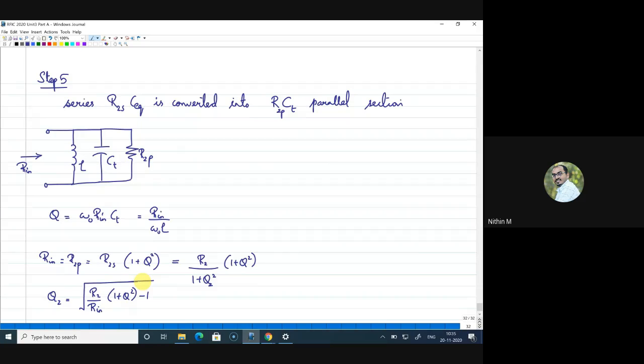This is the expression for Q2. All right, now this is Rin. Rin we have written. Now what is CT? CT can be written as the equivalent capacitance C equivalent divided by 1 plus 1 by Q square. I hope this is also clear.